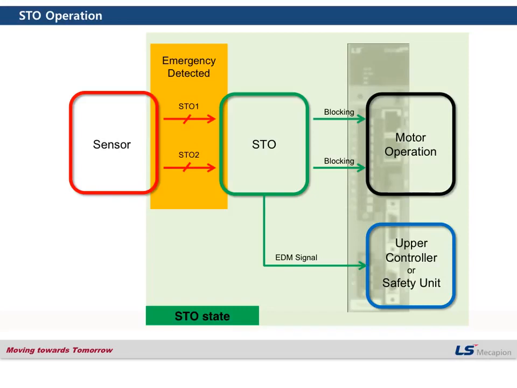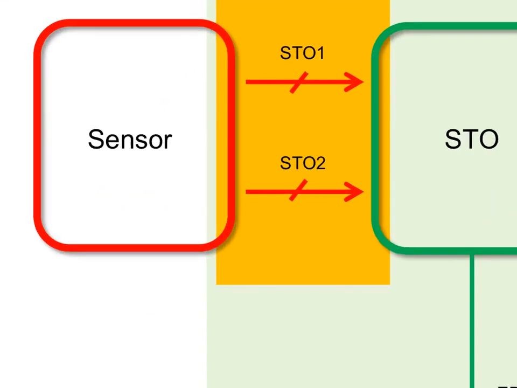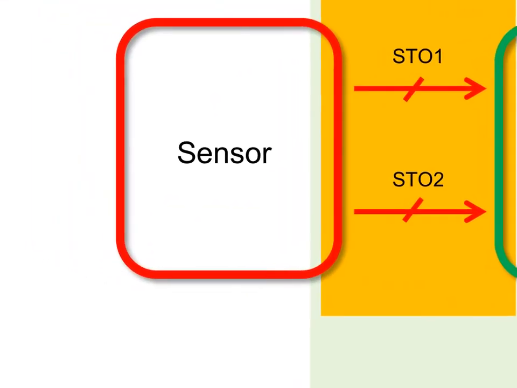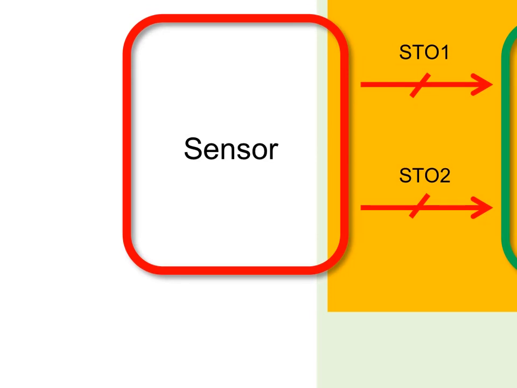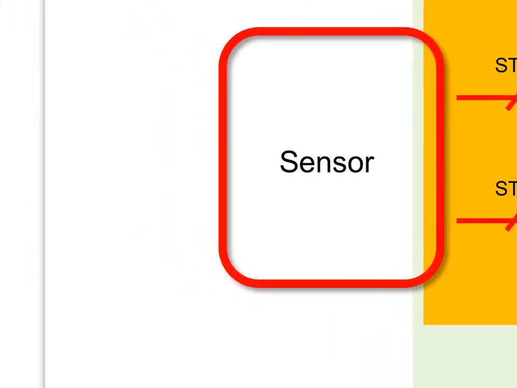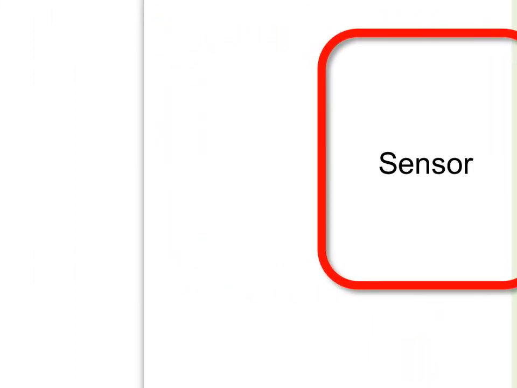This is a simple diagram to show you how the STO operates. All STO functions are triggered by an emergency that is detected by a sensor.